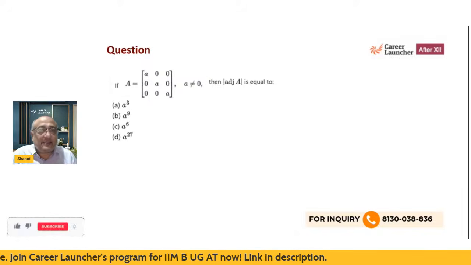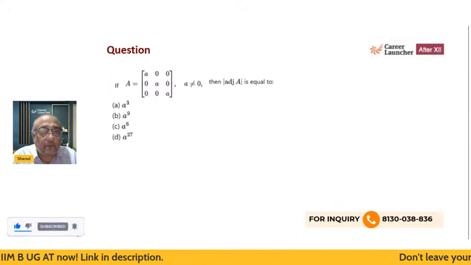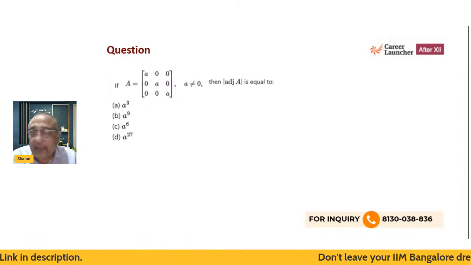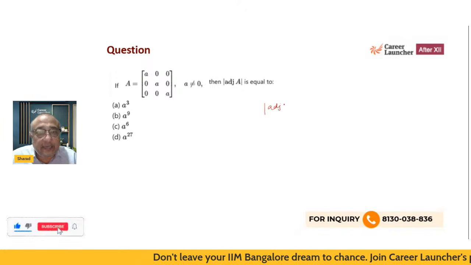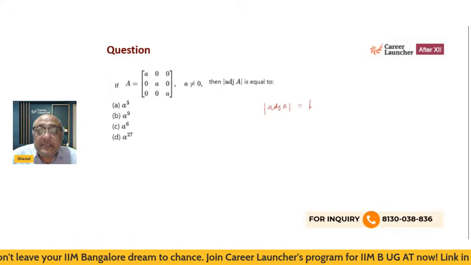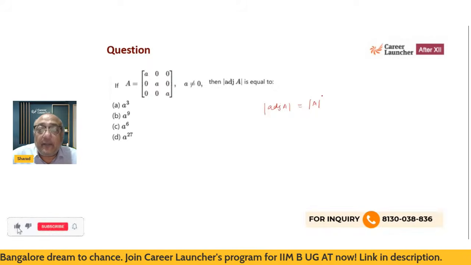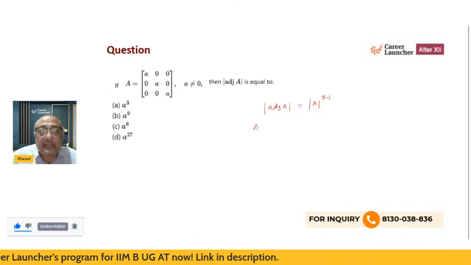Okay. Let's come to the next concept. I have around 4-5 minutes more, and I will be completing it over here. Adjoint of A. This relates to your determinant part. This is nothing but determinant of A raised to the power n minus 1. How does this formula come?